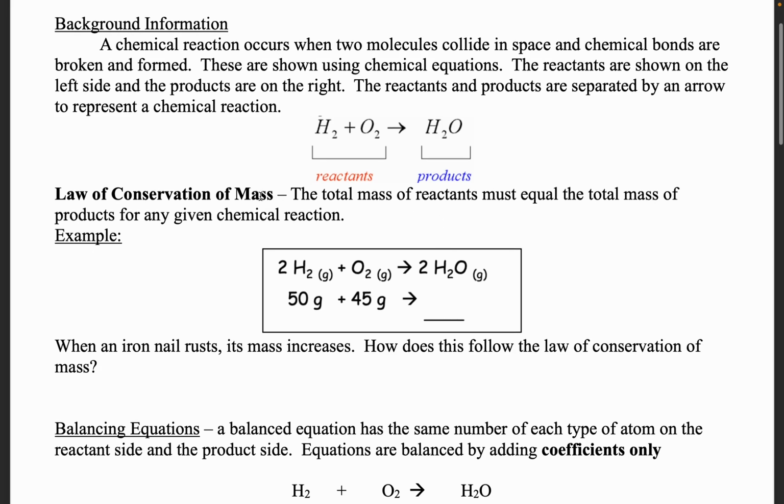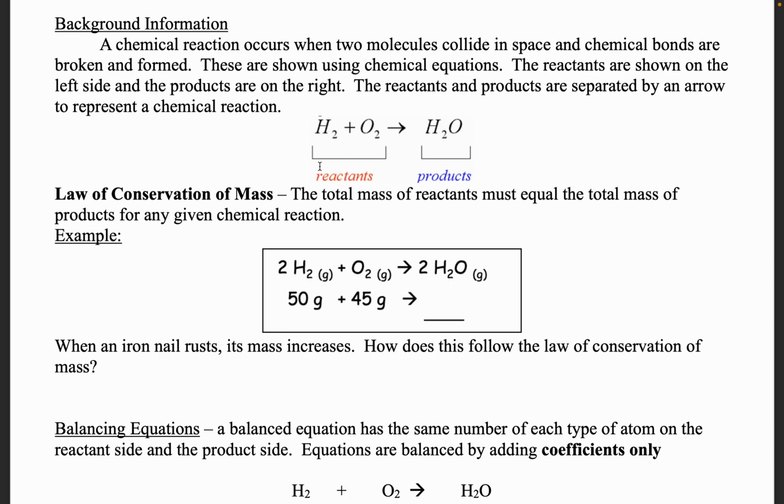So the law of conservation of mass states that the total mass of the reactants must equal the total mass of the products for any given chemical reaction. So the mass of the reactants added together must equal the mass of the products every time, all the time, because that's the law.